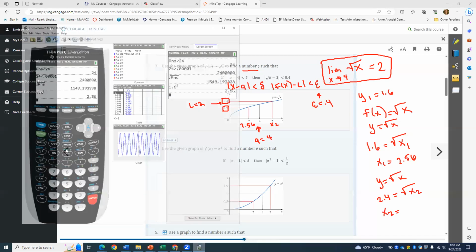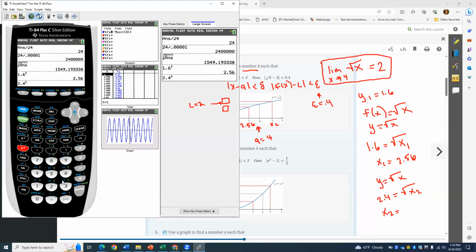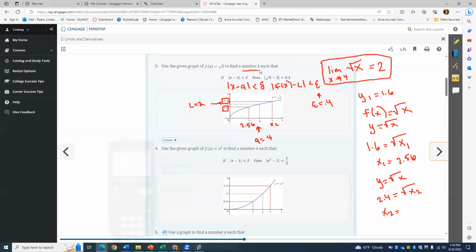So I go 2.4 squared, and it's 5.76. And that's what's going to happen. These are going to be decimals. It's not going to be great. Okay, so I'm going to say 5.76. If the epsilon's a decimal, I can almost bet a lot of money that delta is also going to be a decimal.